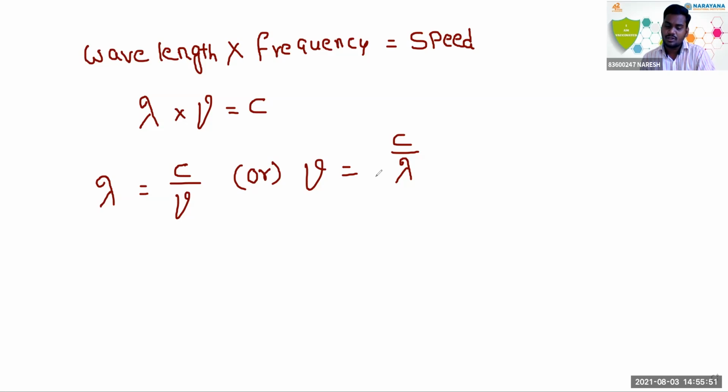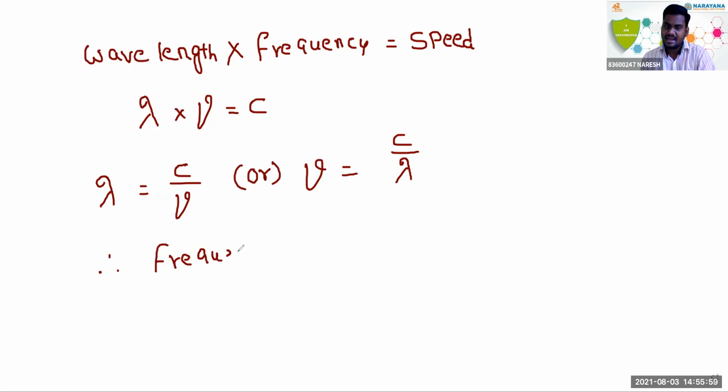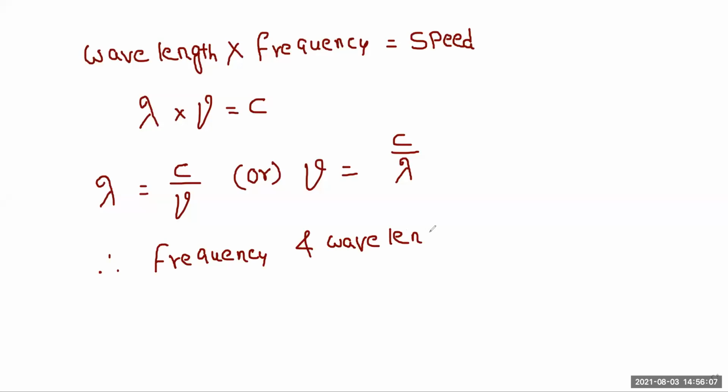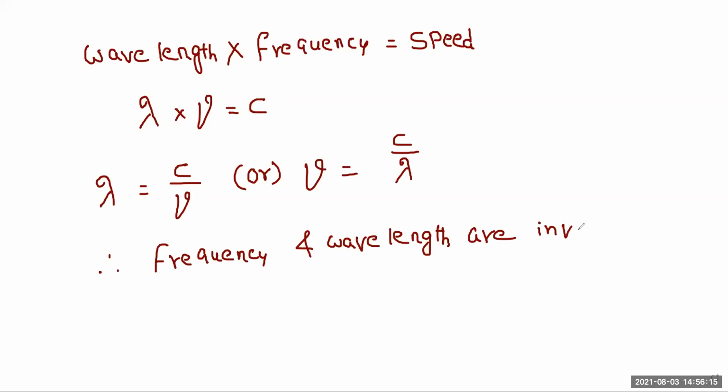Here frequency and here wavelength. Are both directly proportional or inversely proportional? Therefore, frequency and wavelength are inversely proportional. Wavelength into frequency is equal to the speed of the wave.